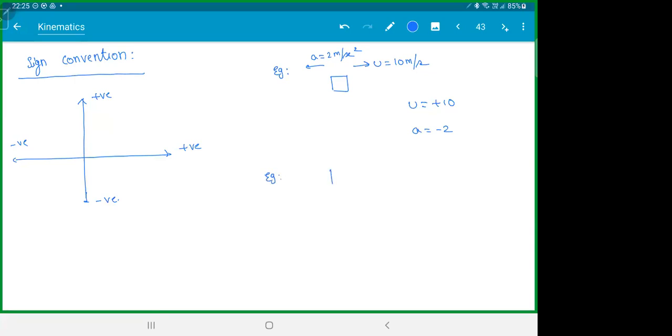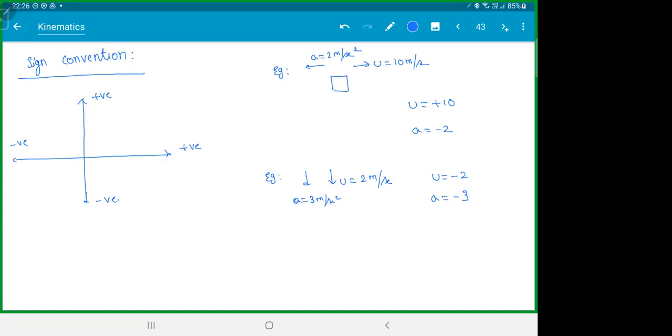Let's say a body is going down with u 2 meter per second, and acceleration is also down 3 meter per second square. I know in school you must have studied, in the direction of acceleration positive, but let's keep it simple: down negative. u is minus 2 and a is minus 3. So keep the convention pretty straightforward.